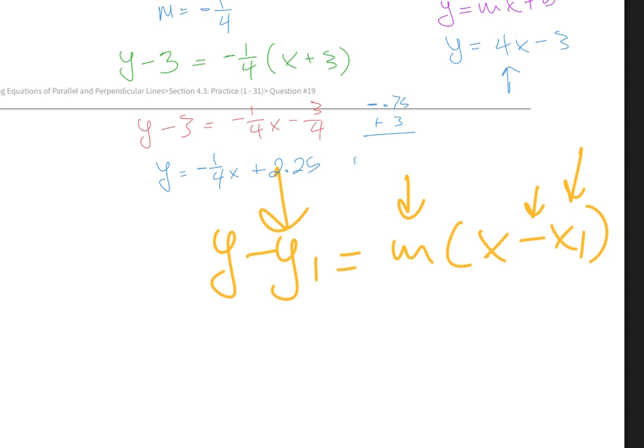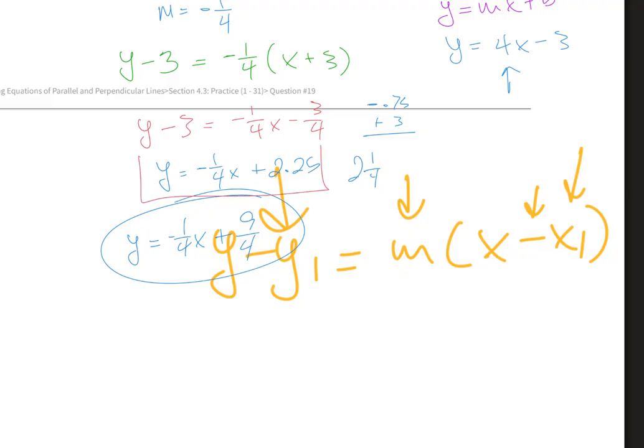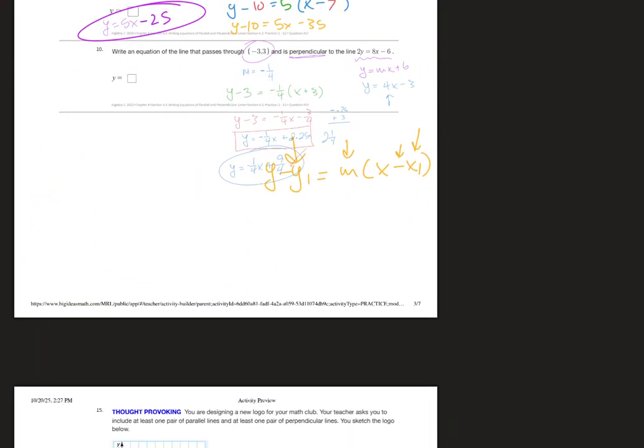So let's see, that's 2 1/4. That's 9/4. So y equals negative 1/4 x plus 9/4. I'll bet you could type it in different ways. Like, I bet that's still an okay answer. But anyway, I'm going to type this in and see what happens. It worked. It liked that one. But this is technically right also. Okay?